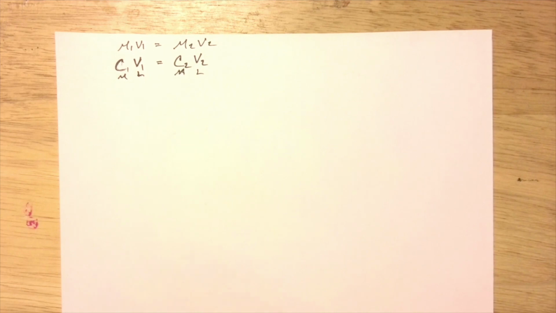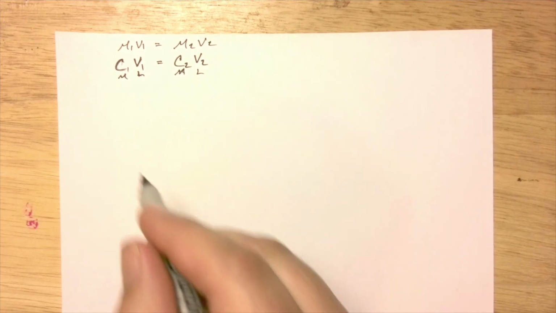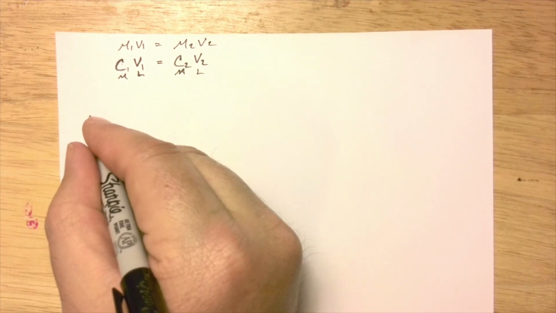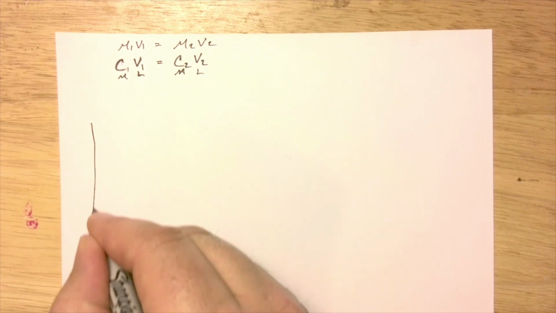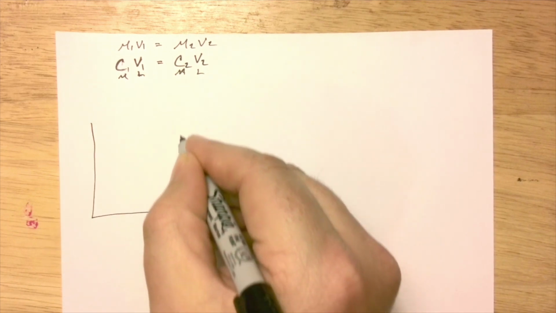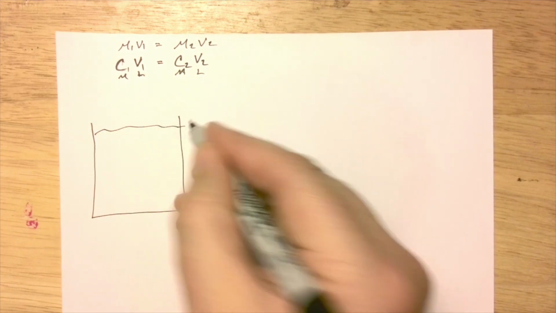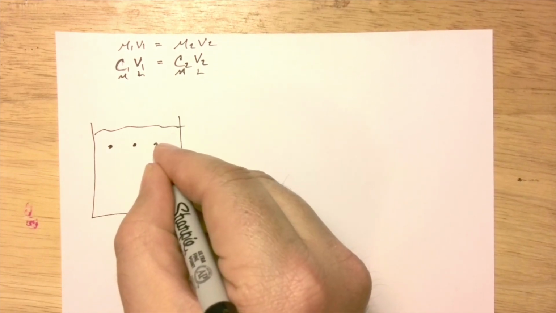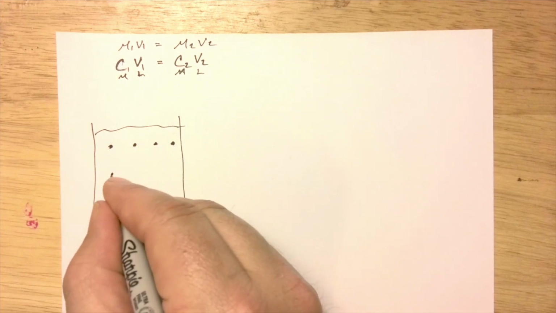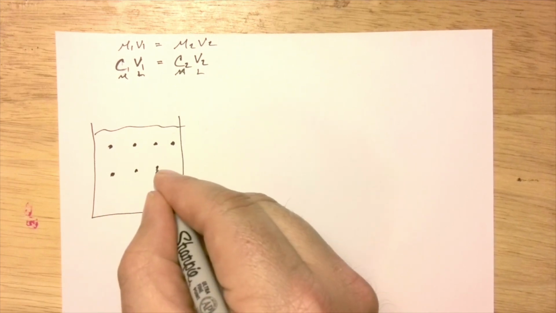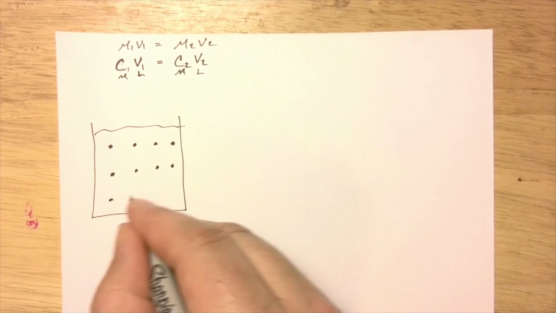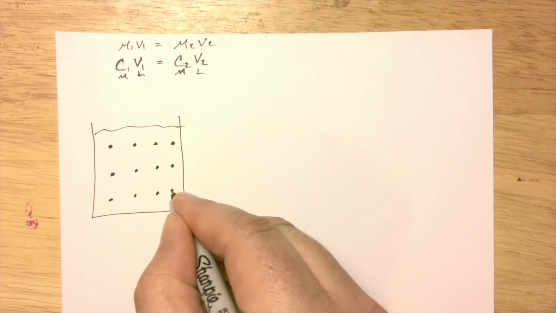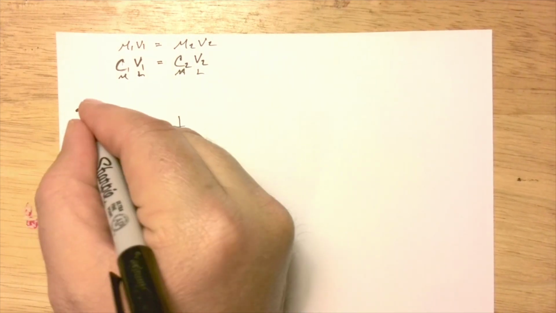Now we're trying to make it a little bit more visual what's going on. Let's say we have a container, and within this container each dot represents 1 mole. So a dot is equal to 1 mole.